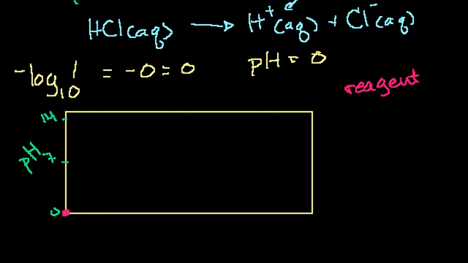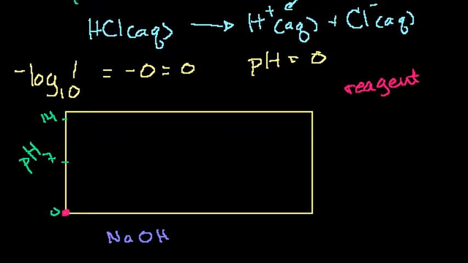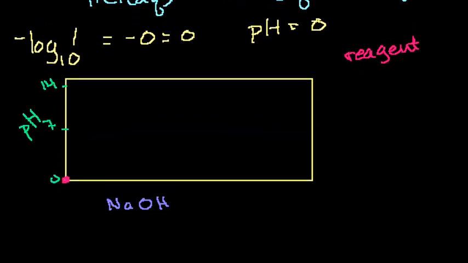But what I'm going to do is I'm going to add a strong base. Let's say sodium hydroxide. That's my favorite strong base. And let's say I have a solution that I have prepared ahead of time. Let's say it's a 1 molar solution. But I'm not going to add all of it at the same time. I'm going to add it in increments.